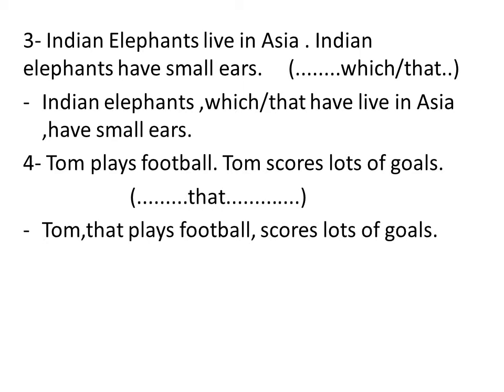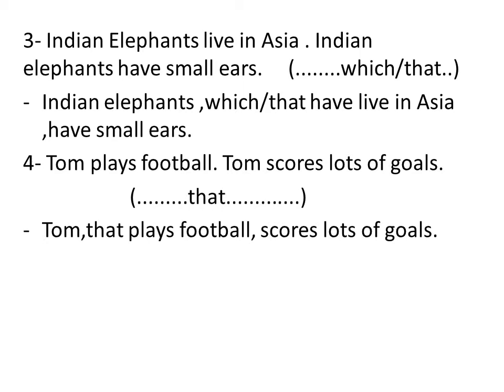So the repeated noun in the second sentence is Indian elephants. We will omit Indian elephants in the second sentence, and put which or that after Indian elephants in the first sentence. So the answer will be: Indian elephants which or that live in Asia have small ears.